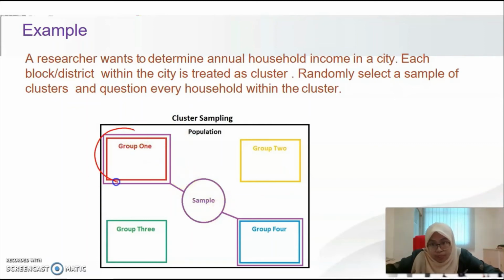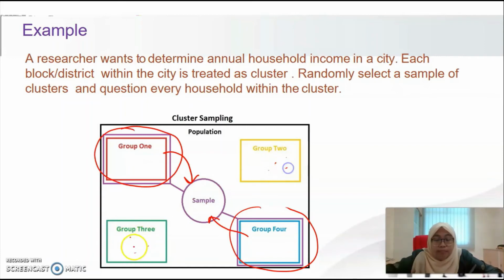Let's say I want to pick cluster 1 and cluster 4 as my sample. So all elements inside cluster 1 and cluster 4 will be my sample of the study. Okay, this means for cluster 2 and cluster 3, we will not pick any items from these two clusters as our sample.